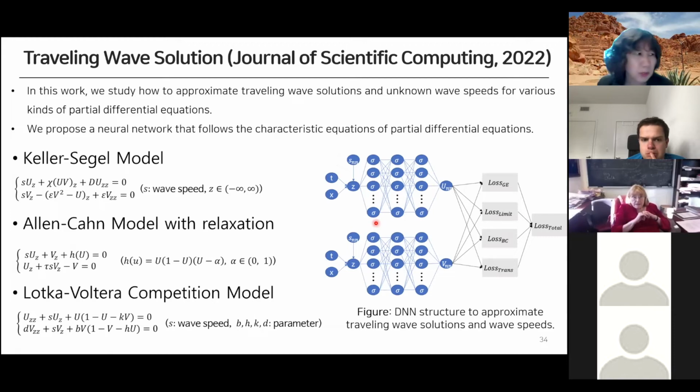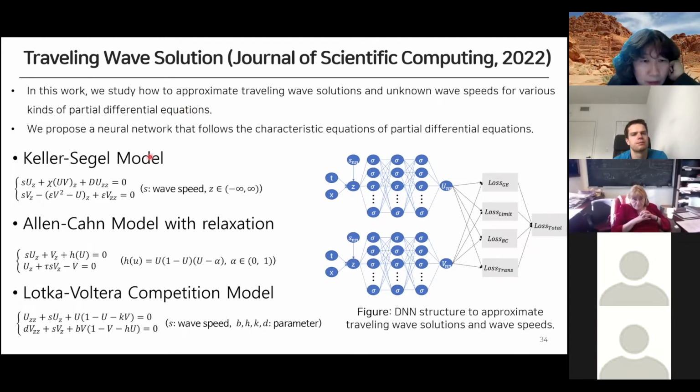So in this work, we studied traveling wave solutions: how to approximate traveling wave solutions and unknown wave speed for various kinds of partial differential equations.